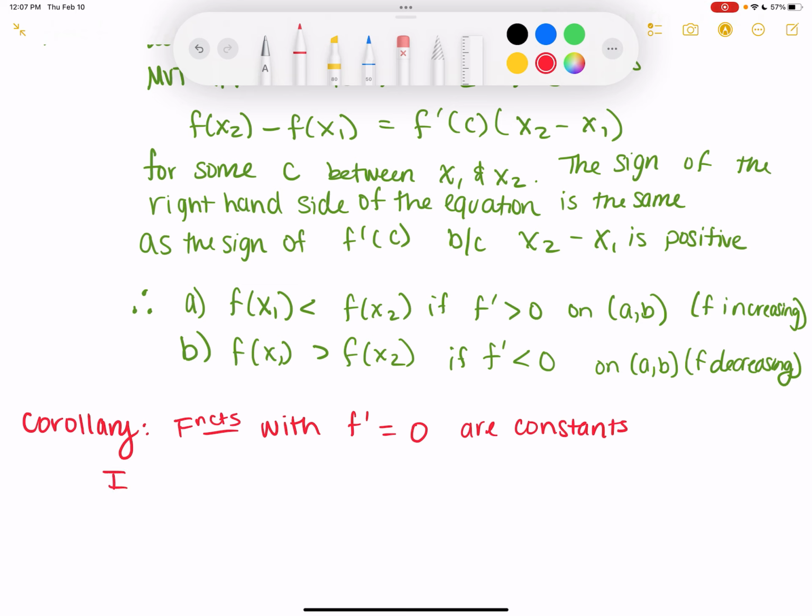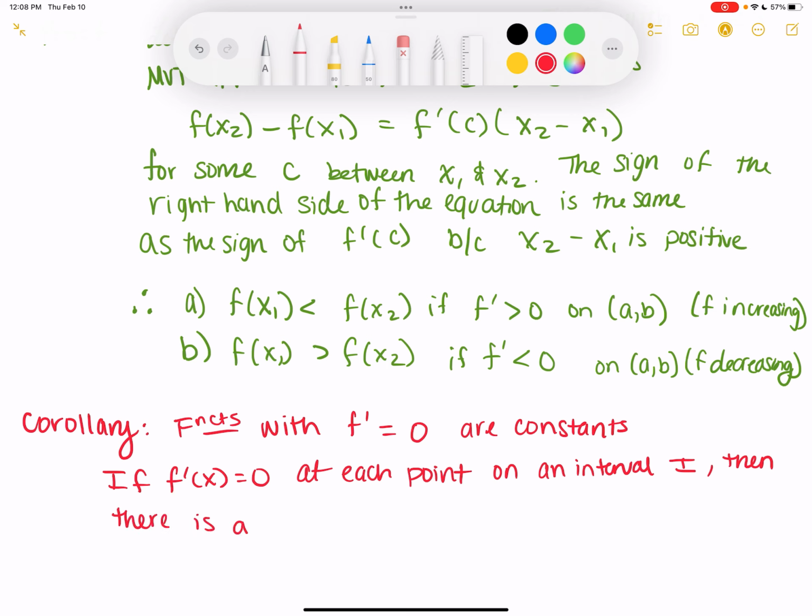Meaning that if f prime of x is equal to 0 at each point on an interval I, then there is a constant C for which f of x is equal to C for all x in I.